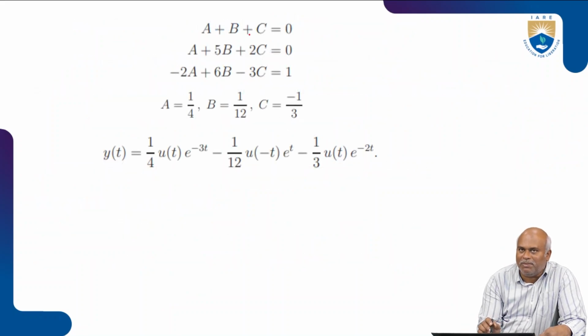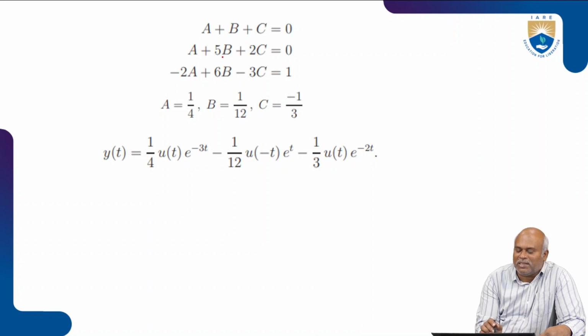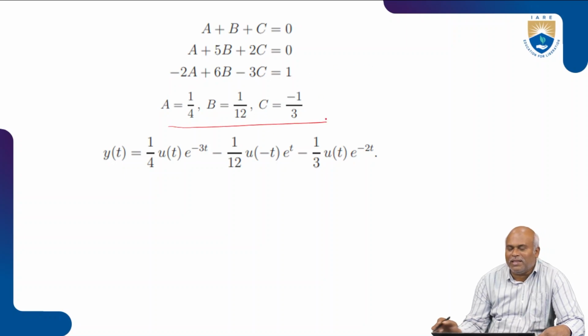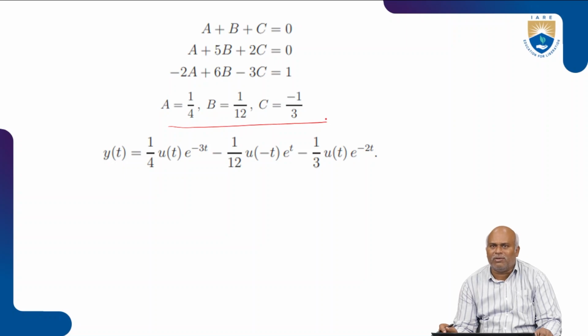Then A plus B plus C is equal to 0, A plus 5B plus 2C equal to 0, minus 3A plus 6B minus 3C is equal to 1. I can simplify this, then I get A equal to 1 by 4, B equal to 1 by 12, C equal to minus 1 by 3.